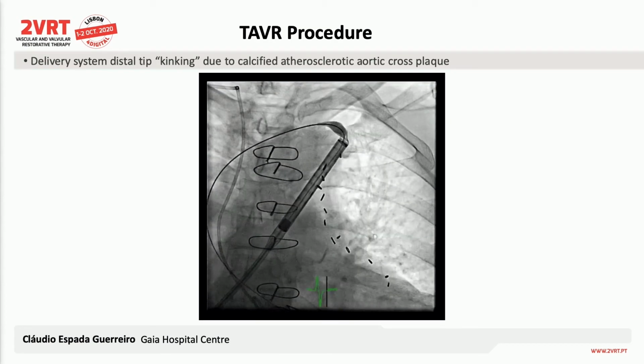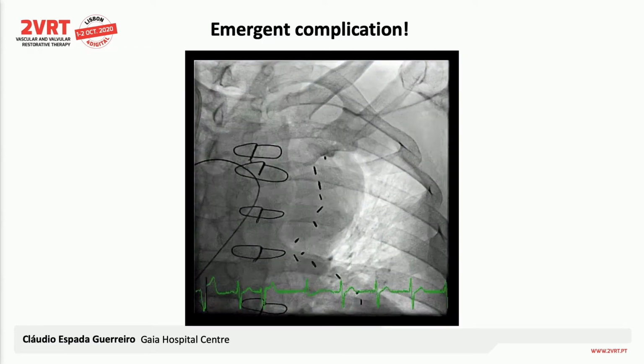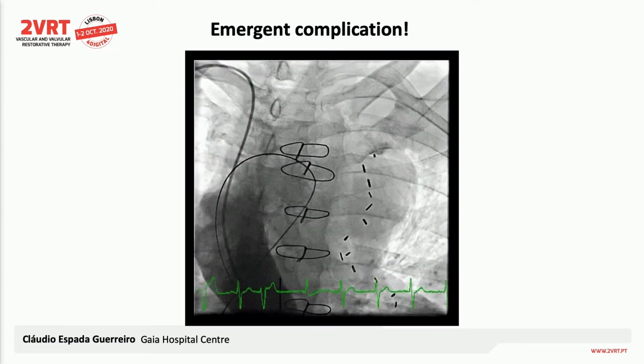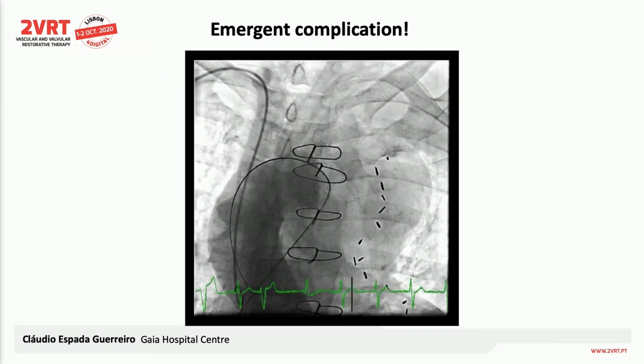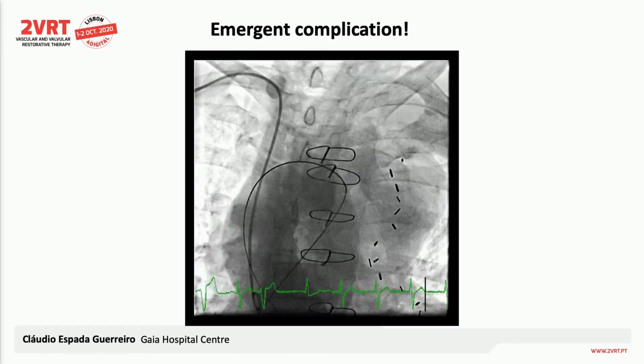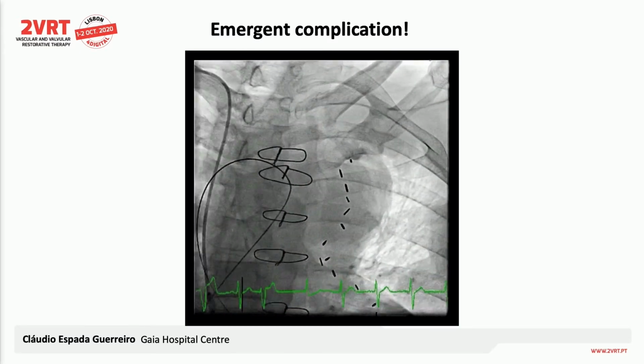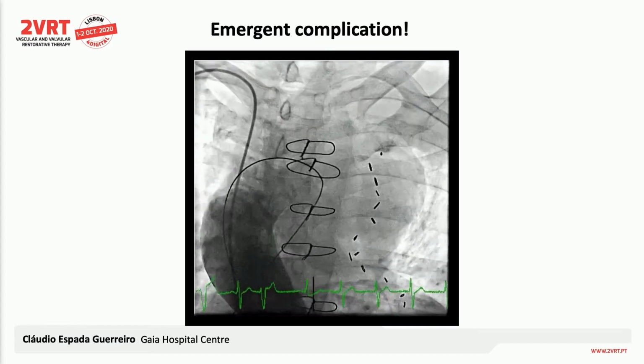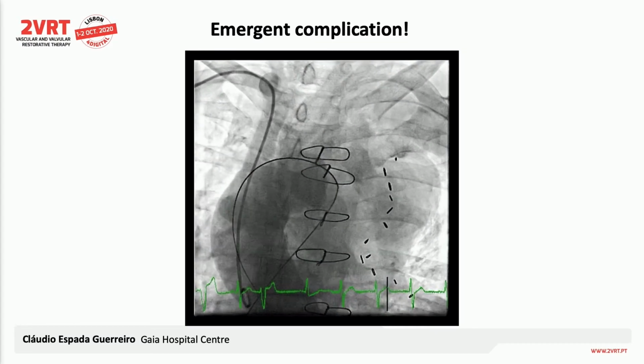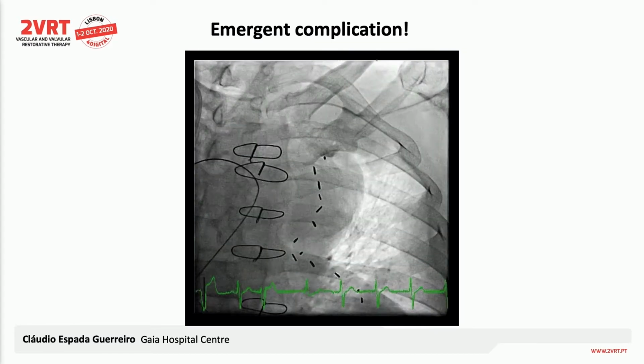We retrieved the delivery system, and the patient became immediately hypertensive. We performed aortography immediately, and we can show the catastrophic complication of an aortic rupture with extravasation of contrast.